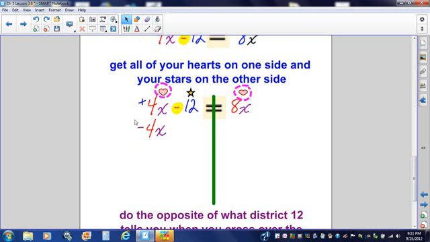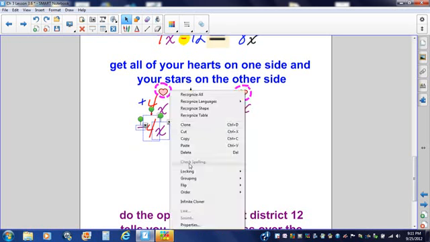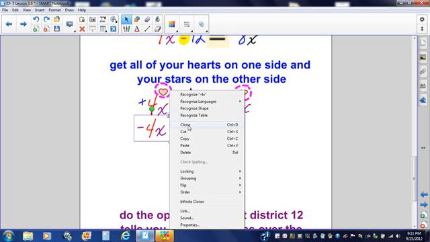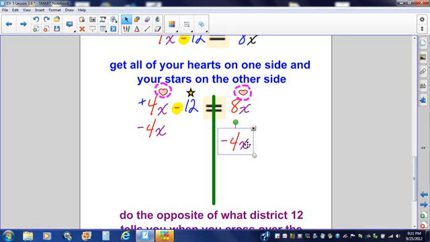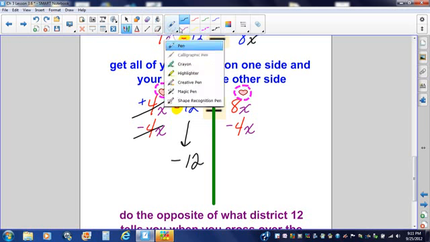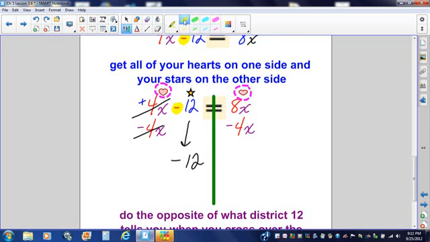Remember, in math, whatever you do to one side, you do to the other. So I am going to write a negative 4x over here on this side. These will cancel. Bada bing, bada boom. I am left with negative 12. Just going to highlight my negatives so we don't forget.